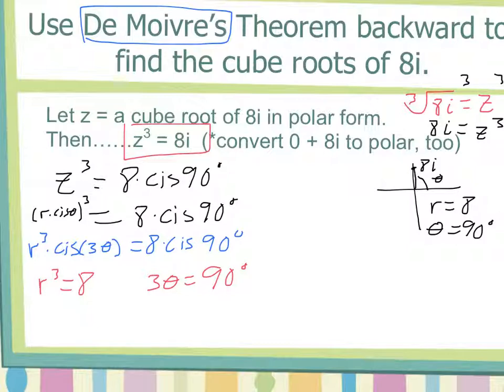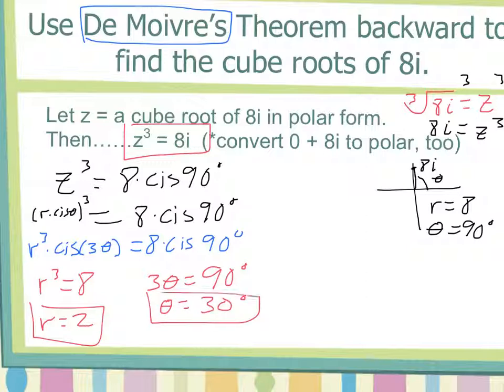And it's important to be clear here that 8 and 90 degrees, that's z to the third power. Okay, that's r to the third and 3 times theta. So then I take the cube root, and I get that r is 2, and then I divide both sides by 3, and I get that theta is 30.